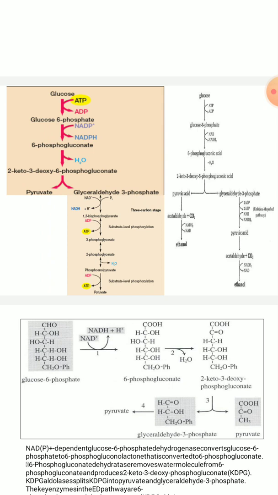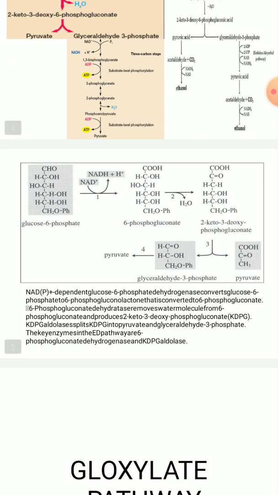You can see all these reactions happening. In this slide, you can see the structures of glucose 6-phosphate, 6-phosphogluconate and 2-keto-3-deoxy phosphogluconate, formed through dehydration, this one being the dehydrogenation reaction, and this one the aldolase reaction, to form glyceraldehyde 3-phosphate and pyruvate. You can make out what is happening in this particular reaction.